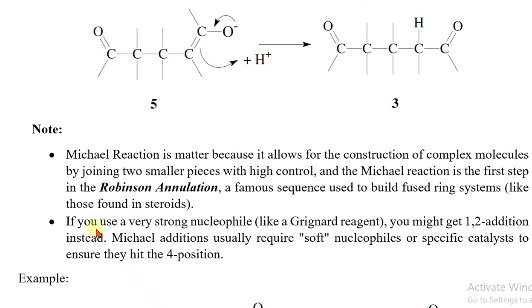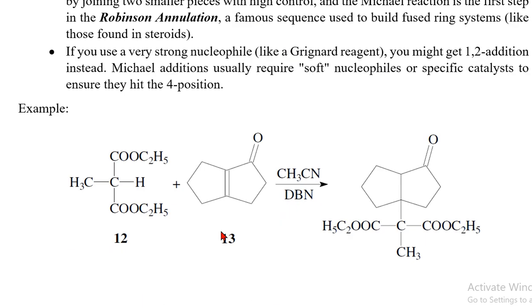If you use a very strong nucleophile like a Grignard reagent, you might get 1,2 addition instead. The Michael addition usually requires a soft nucleophile, not a very strong one, or a specific catalyst to ensure attack at position number 4.